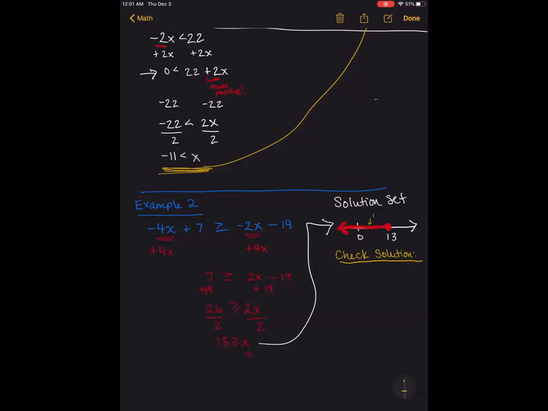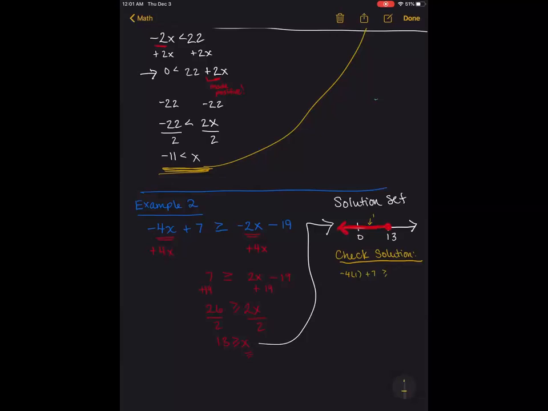It's still positive, so the math won't be hard. Notice -4 times 1 plus 7 is greater than or equal to -2 times 1 minus 19. Is that the case? Well, the right-hand side is -21, and the left-hand side is -4 plus 7, or 3. Yeah, that's true. We're good to go.